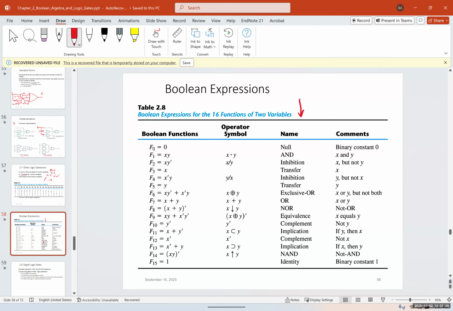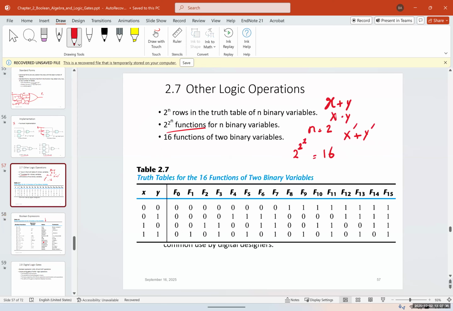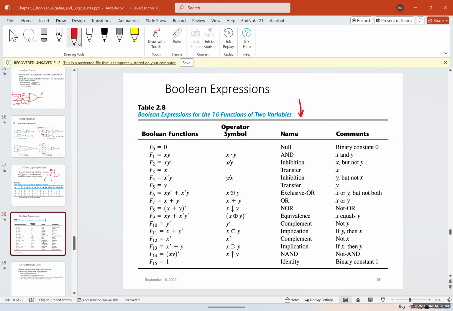Null is obviously if f is equal to 0, and the opposite of null is identity, or f equal to 1, meaning the output would simply be 1 regardless of what the inputs are, and null means that the output would be 0 regardless of what the variables are.